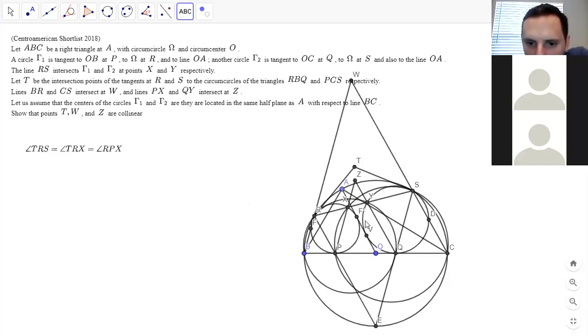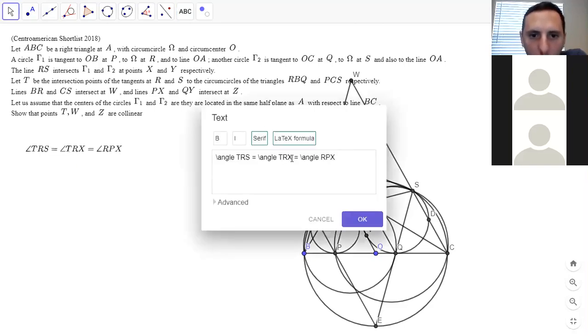We want to show RPX is SQY. Is that obvious? Or TRS, I'm sorry, TRS is TRY, which is RPY.